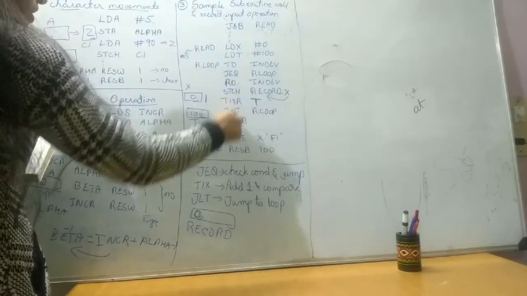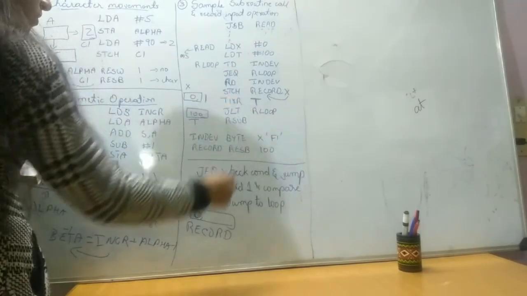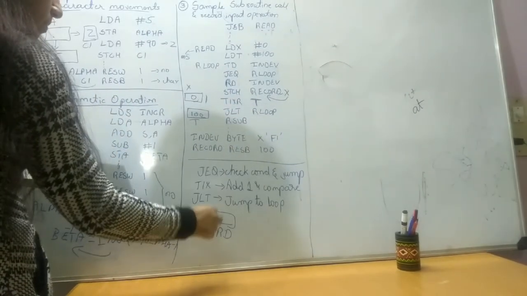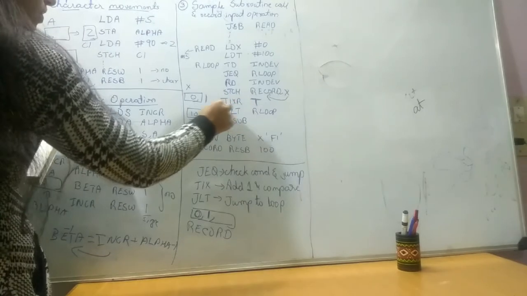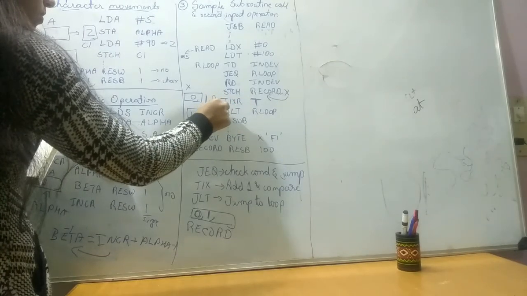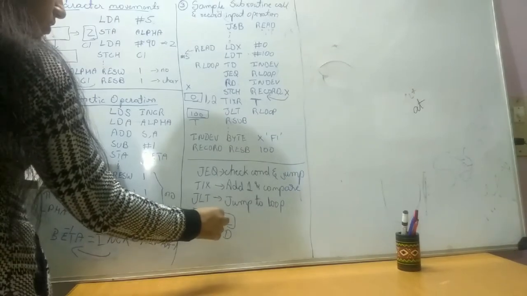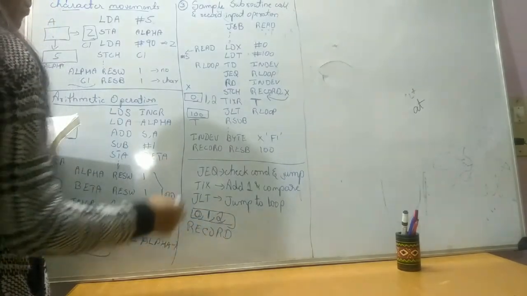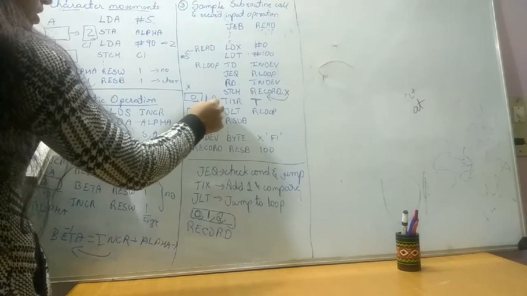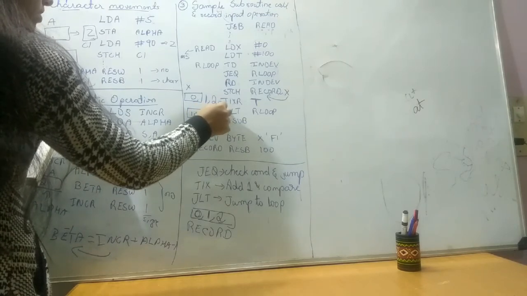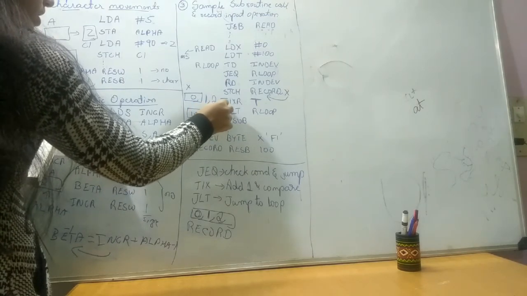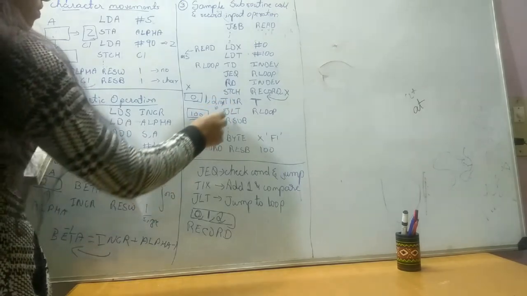Like that, again X becomes 1 and another character will be read. Again when TIXR comes, it will increment to 2. Is it equal to 100? No, so the next character will be read. When X reaches 100 and then becomes 101, the condition becomes false.